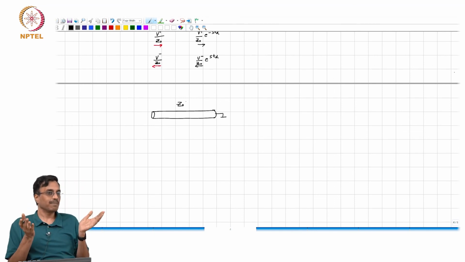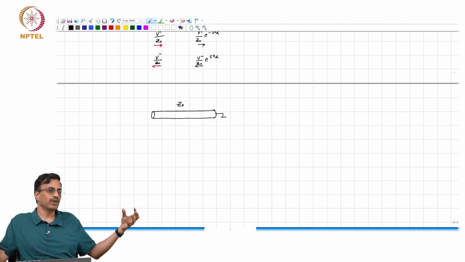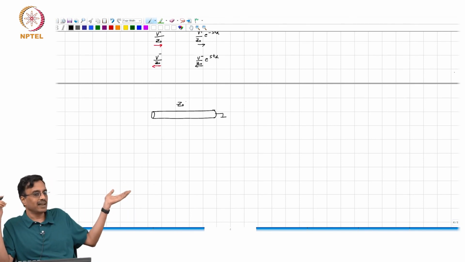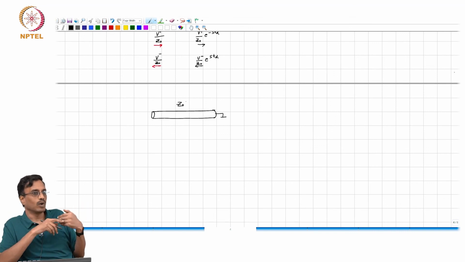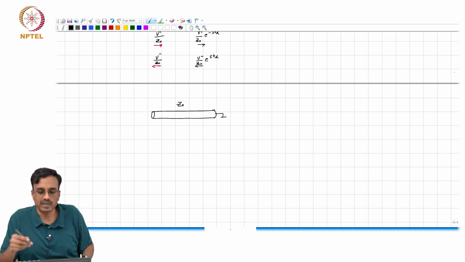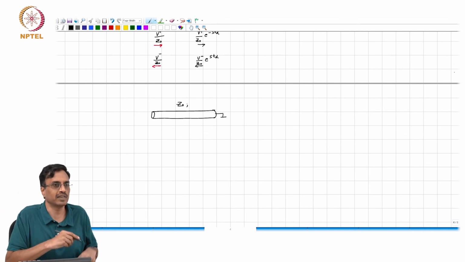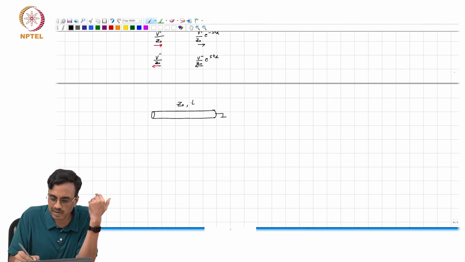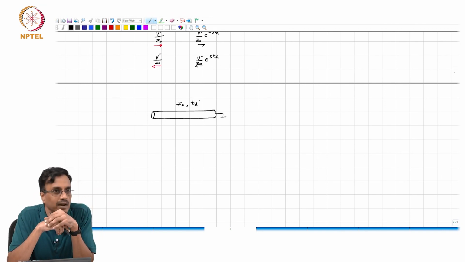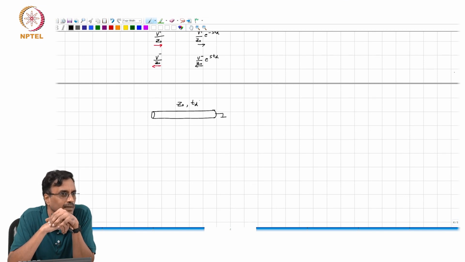One is the characteristic impedance, and the next thing we need to know is how long it is. How long does not really matter as much as how long the wave takes to go from point A to point B. So, it is the length of the line divided by the velocity along the line, which is the delay of the line. So, we will simply characterize the line by two parameters: the characteristic impedance and the delay. Does that make sense?